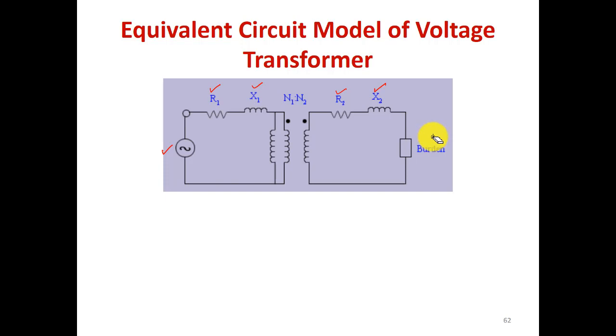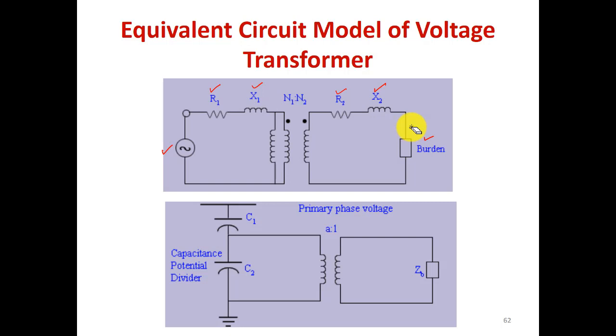And also we have the burden here. Burden is nothing but the relay. So the equivalent circuit here is exactly equal to that of the transformer, right?